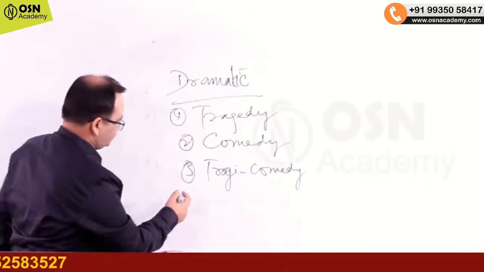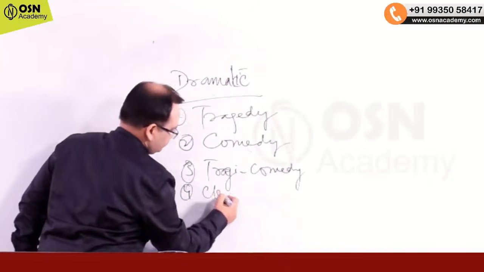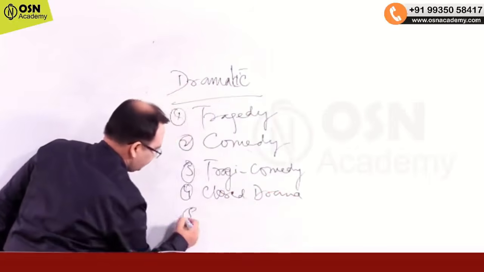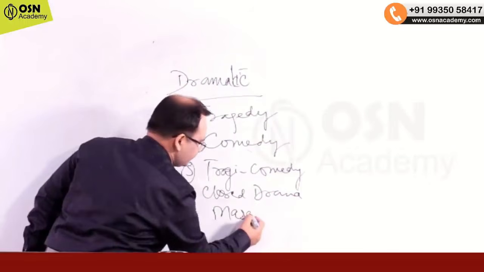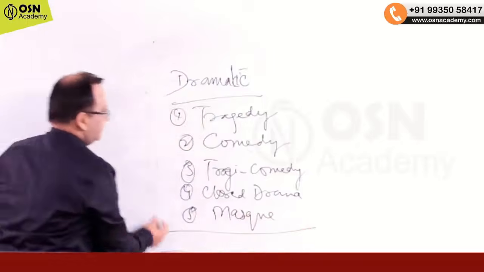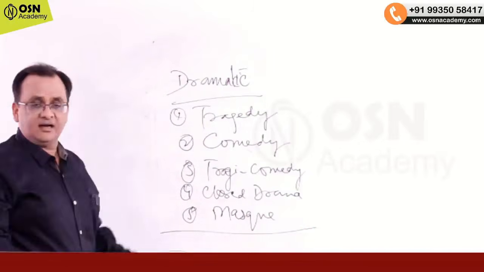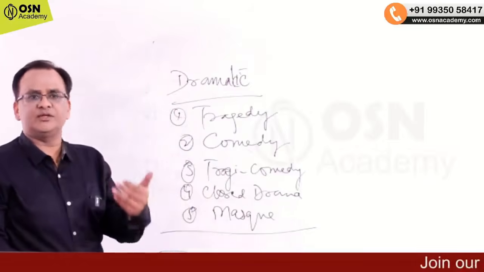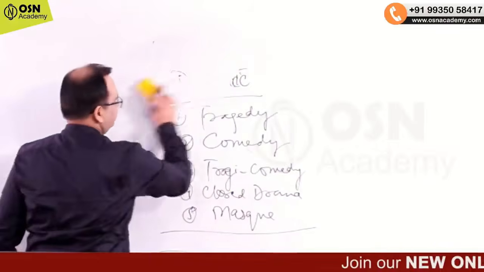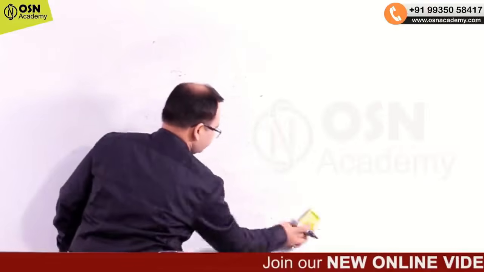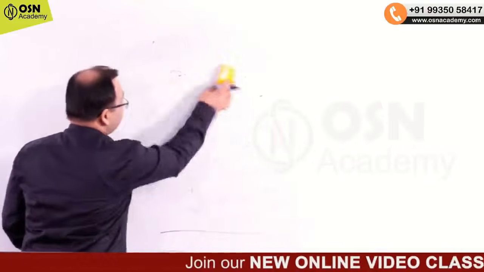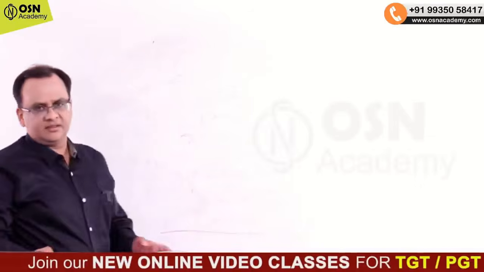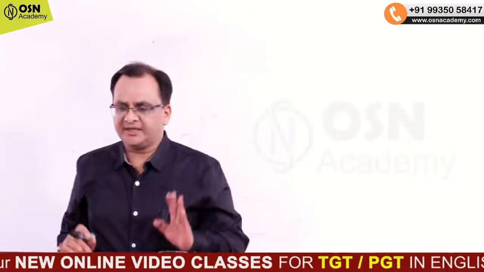And the last is masque, M-A-S-Q-U-E. So these are the three types of poetry which has been discussed with you in details. Bifurcation types मैंने आपको explain कर दिया.